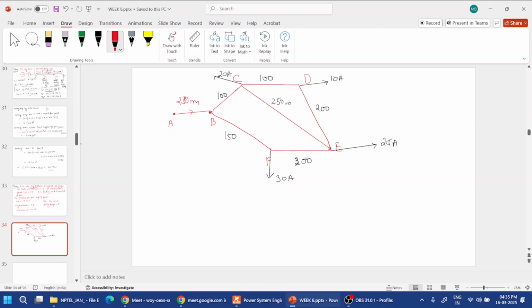Let's assume AB is a feeder, and its resistance value is different.